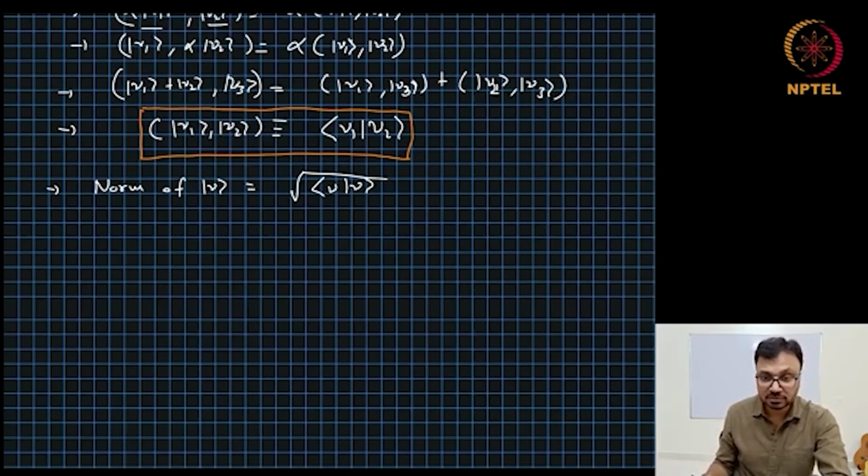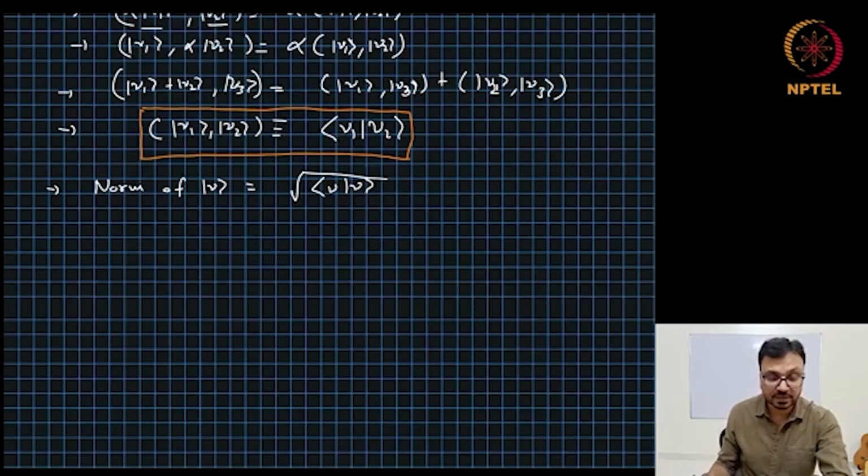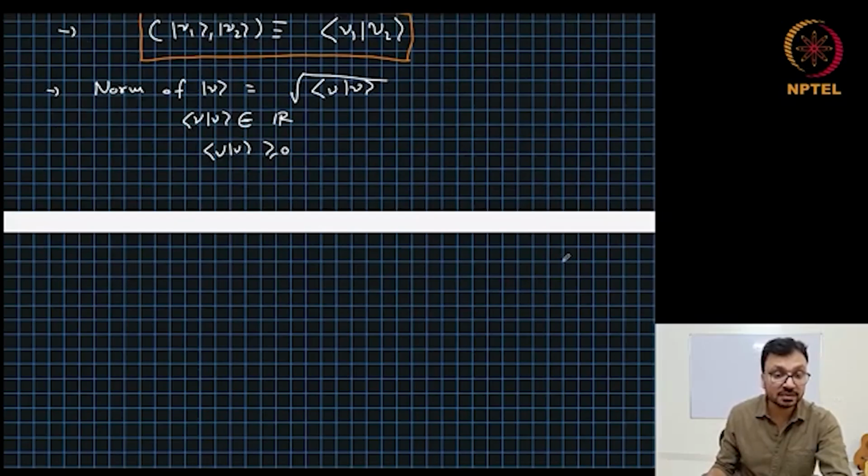And we can show, from the first definition of the inner product, we know that the norm of V is a real number. Not just that, it is also a positive number. Okay, and equality holds only for the null vector, not generally. Every vector will have non-zero norm other than the null vector.